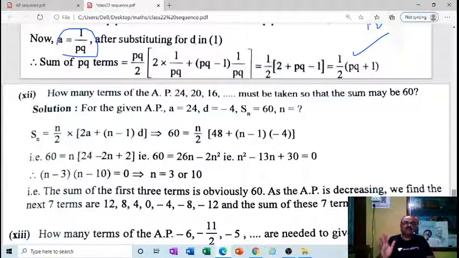Because 10 you don't have to prove over there. If the first 3 terms are giving 60, the next terms cannot add to it. Even if it comes to 10 or 51, that has to be 0. Because the first 3 itself is giving you 60. Prove that, that's enough.